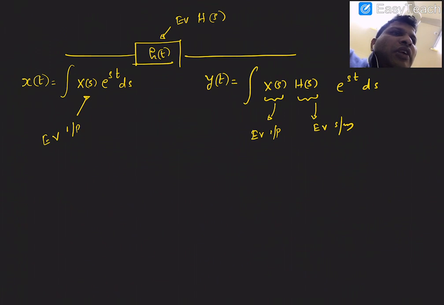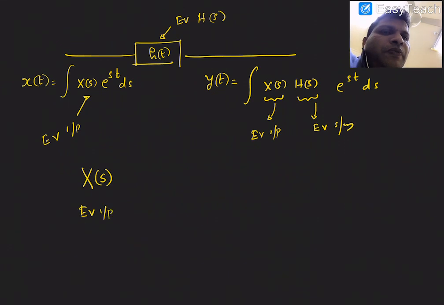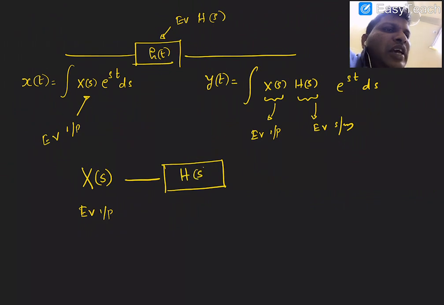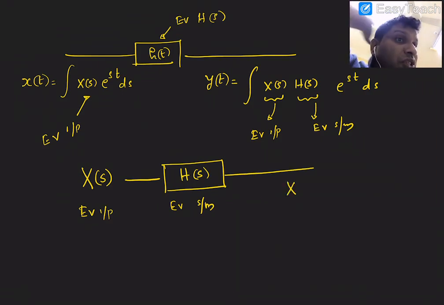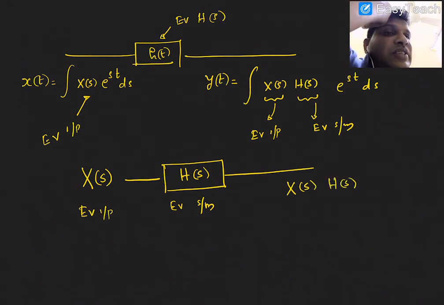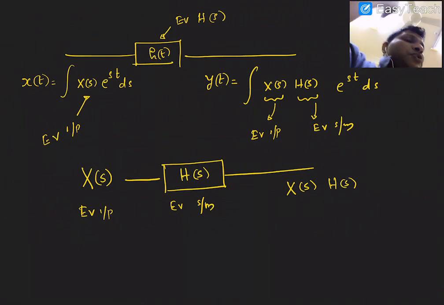If we consider only what is happening to the eigenvalues, at the input side you have x of s as the eigenvalue of the input, and on the system side we have h of s as the eigenvalue of the system, and we can see the output is x of s into h of s. We are actually multiplying these eigenvalues at the output side. So this is what is happening at the output.